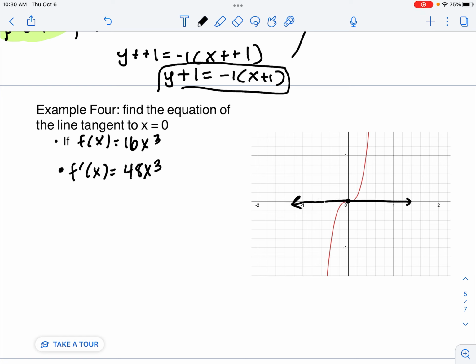This one also is a little bit more obvious what the equation is just by graphing the tangent line, but that's okay.